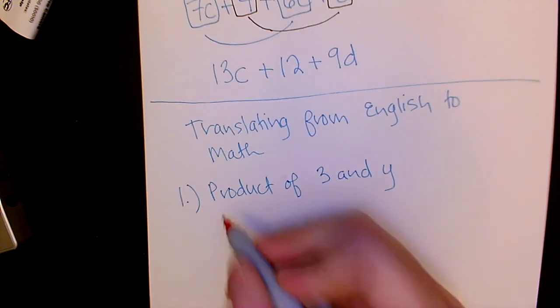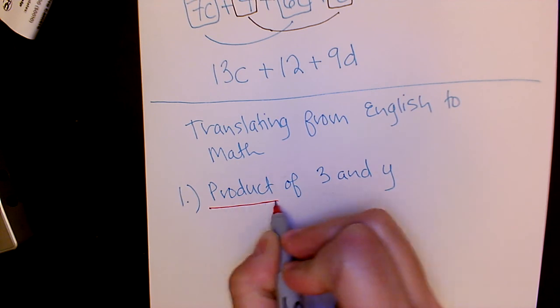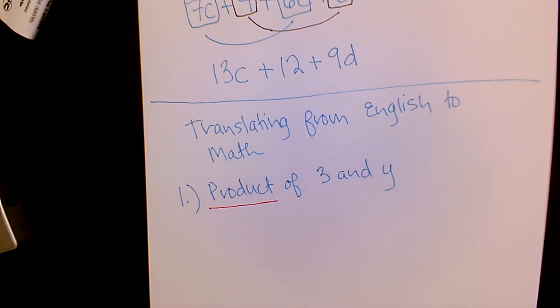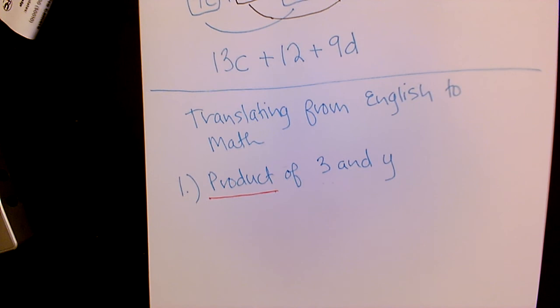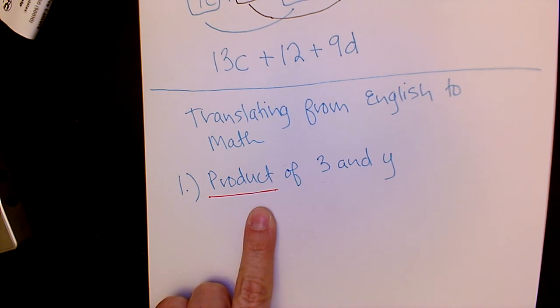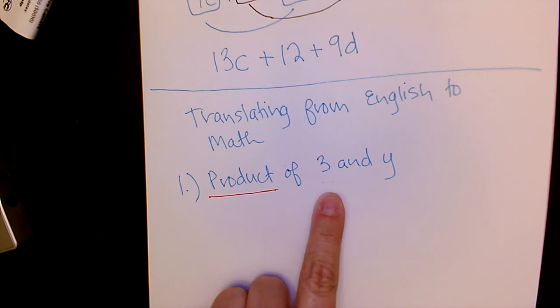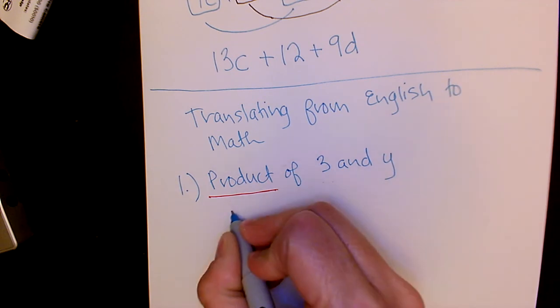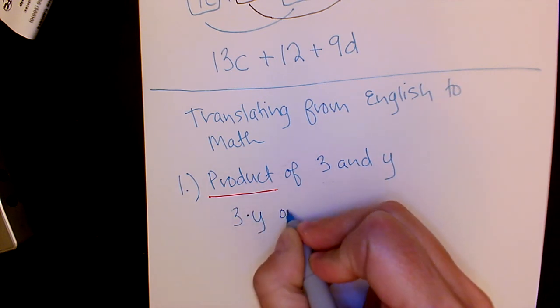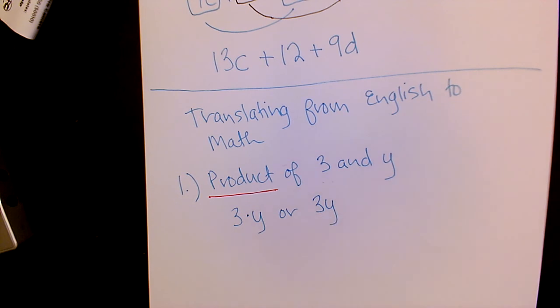My key word is product, right? And if you look back in your notes, what does product mean? It means to multiply. So I want to write in math the product of 3 and y. We can write it like this, or we can just put them together, because when you put them together and they sit side by side, that means times. But this is good as well. Either way is good.